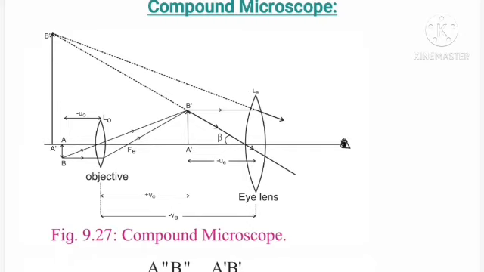In a simple microscope we use only a single lens, but when such lenses are responsible for chromatic and spherical aberrations, then we can use more than one lens, and the compound microscope is useful. So this is how optical instruments like microscopes can be used in optics.